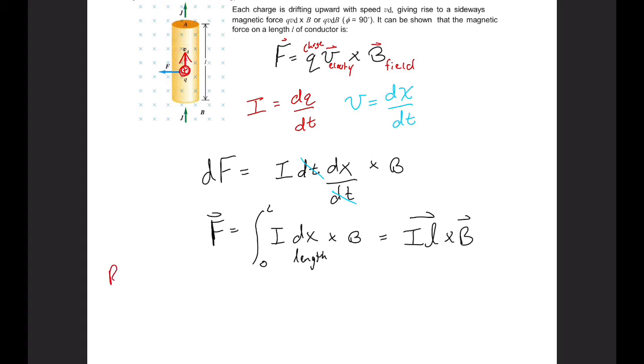When you use your right hand rule, your force is still going to be your thumb. This IL, which replaces the qV idea, charge flow, is going to be your pointer finger. And then your B is going to be your field. So perhaps you would set this problem up like this.